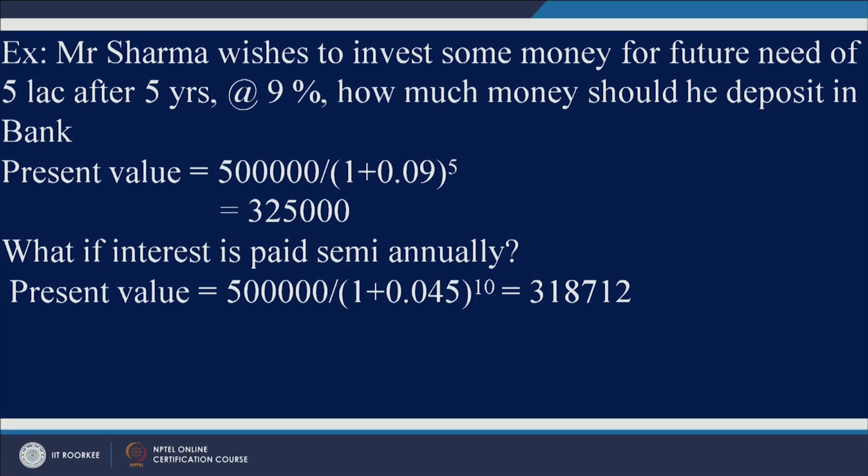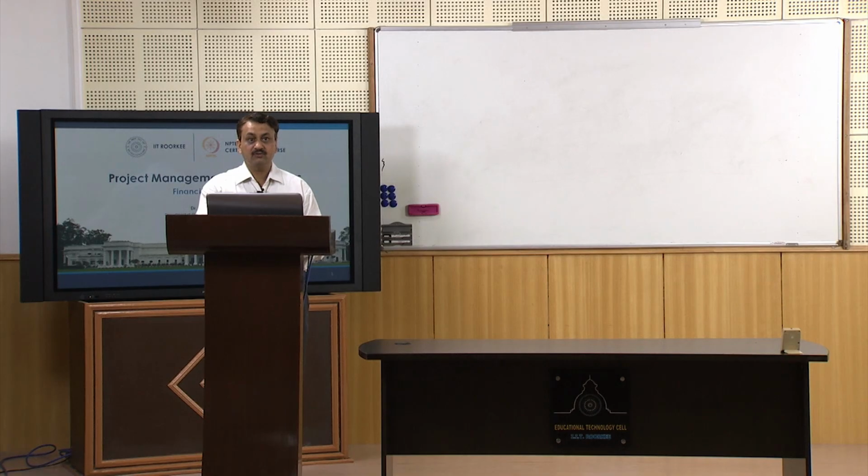Here n is 5. So this value is 3,25,000. So if I want 5 lakh rupees after 5 years, then I will have to deposit 3,25,000 in the bank at the rate of 9%, right?